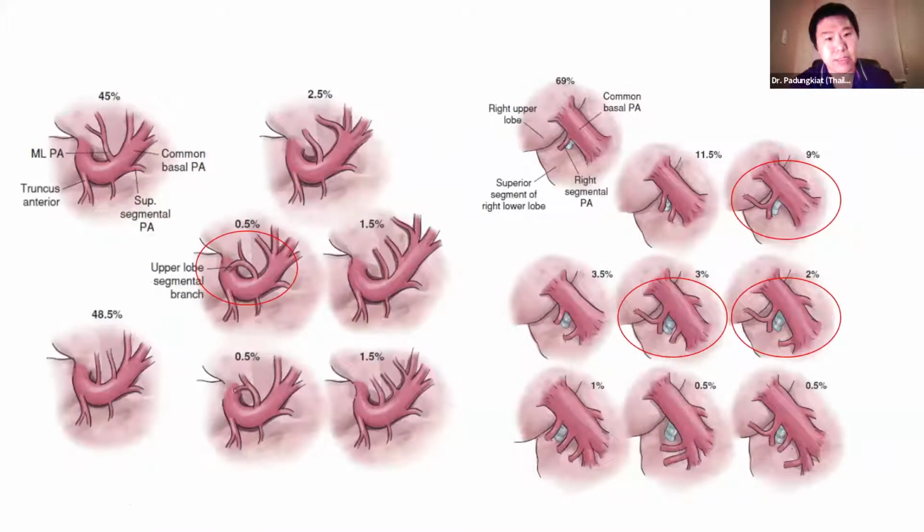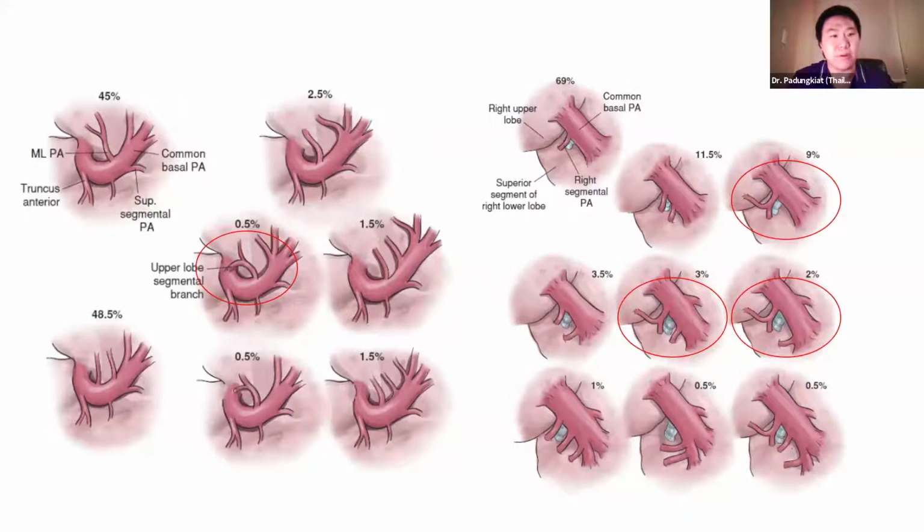All right, next up, the right lower lobe. Most of the time you have one common basal artery, and the superior segmental artery and middle lobe artery come up oppositely.